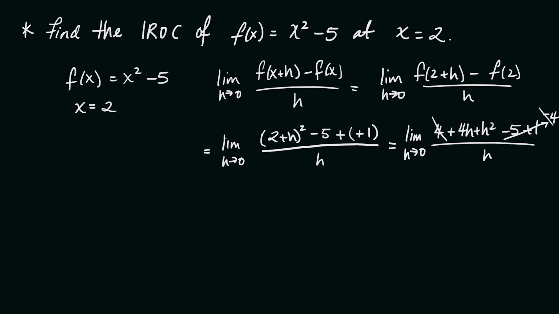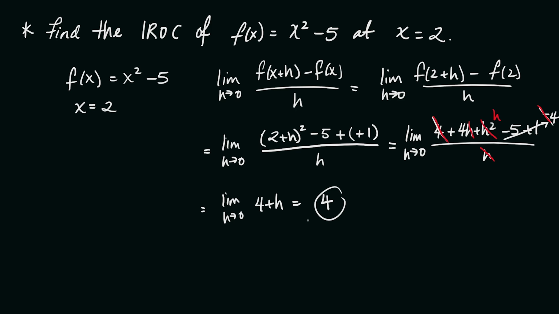The h's also cancel out here, right? Because 1h. And it'll be equal to the limit as h approaching 0 of 4 plus h. And we have our instantaneous rate of change as 4. So that's basically how we can find the derivative of a function at a singular point.